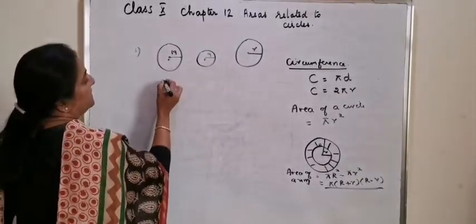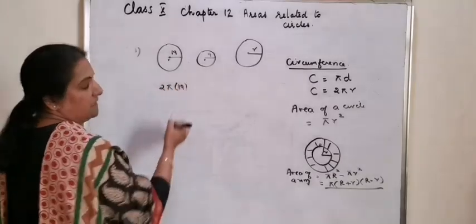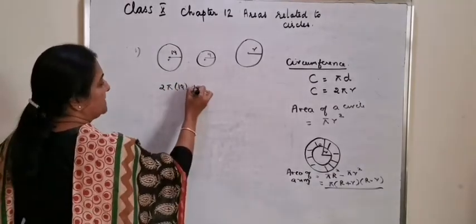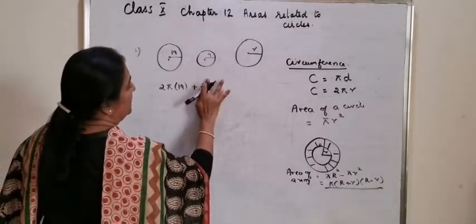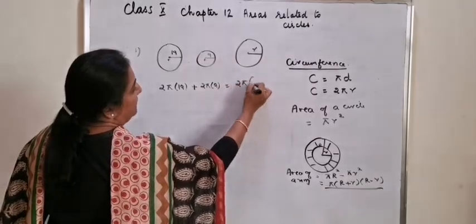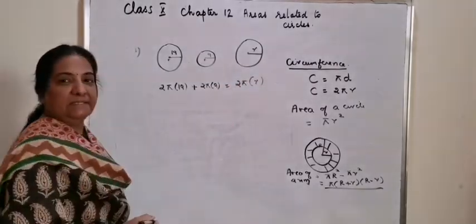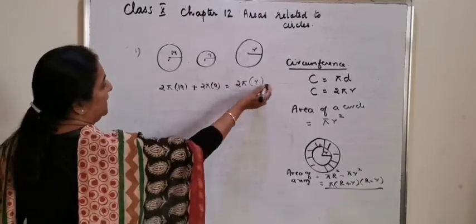So, the circumference of the first circle is 2 pi into 19 plus the circumference of the second circle, 2 pi into 9, is giving you the circumference of the combined circle, or the new circle with radius r, 2 pi r.